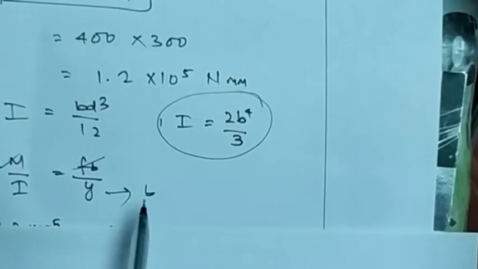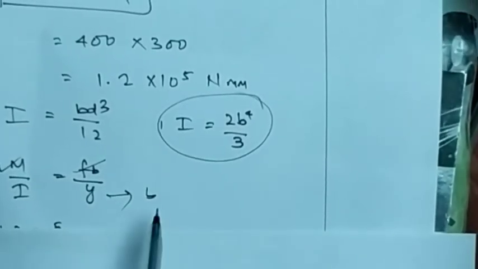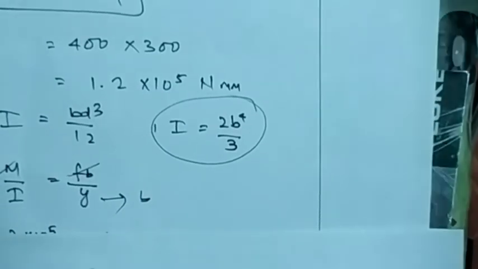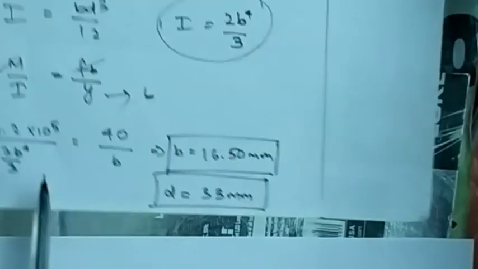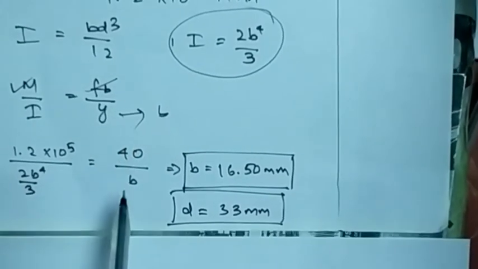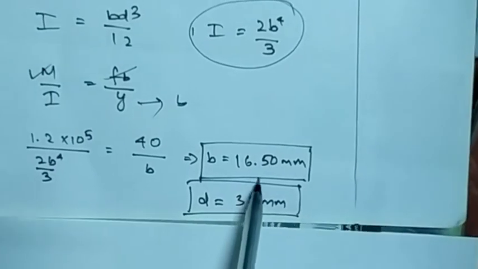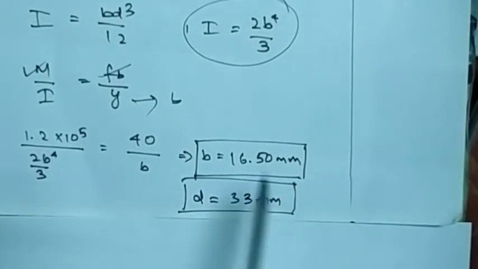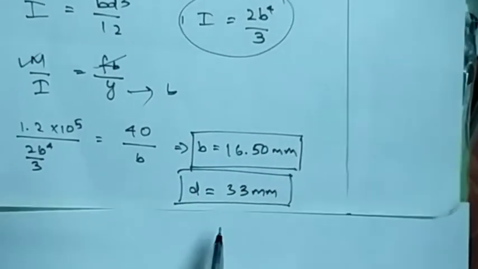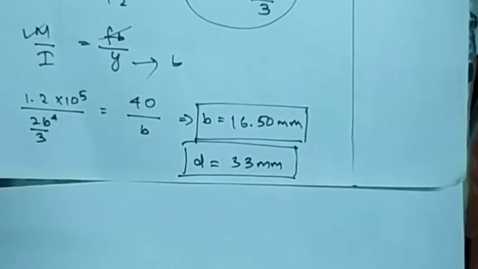Now here Y is nothing but B, the distance from the neutral axis. By putting in all these values, the value of M, the value of I, the value of FB and the value of Y, we come to know that B is 16.50 and D is 33. So here we choose the larger one, that is D. So that is the answer.